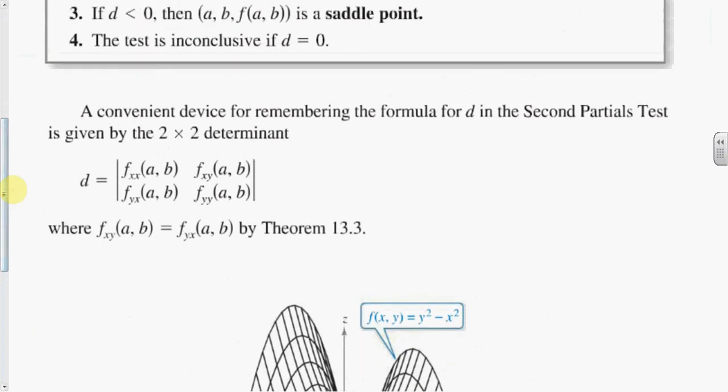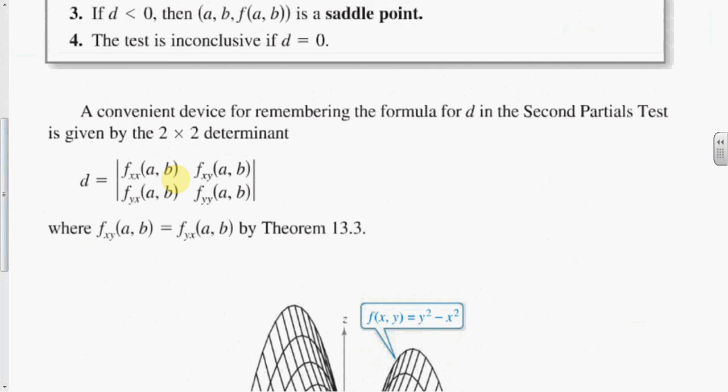So here's this discriminant again. So this determinant, the 2x2 determinant, right? So that's what it consists of. It's the determinant of here.